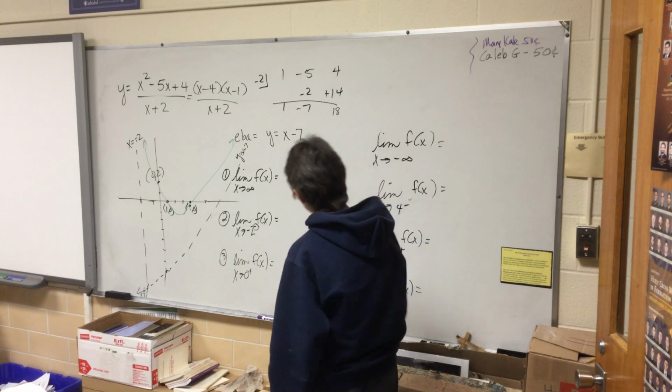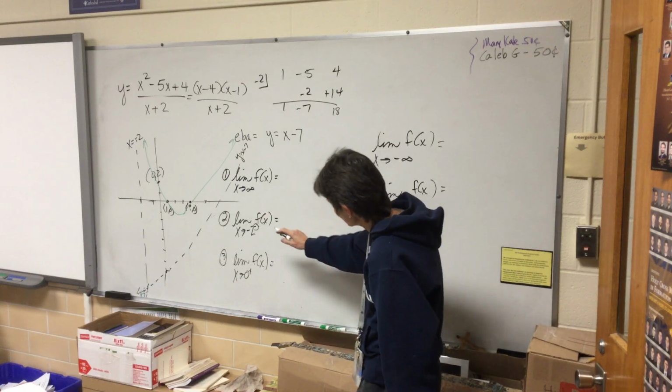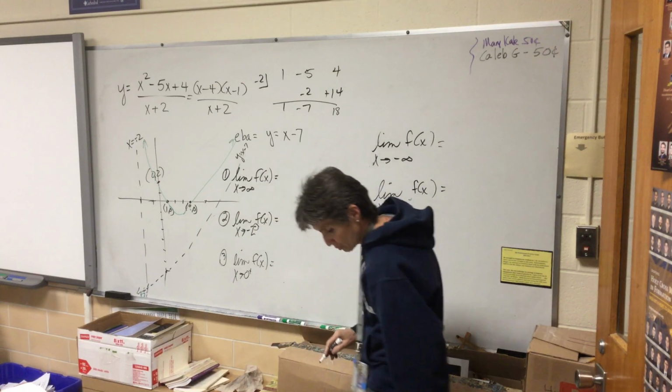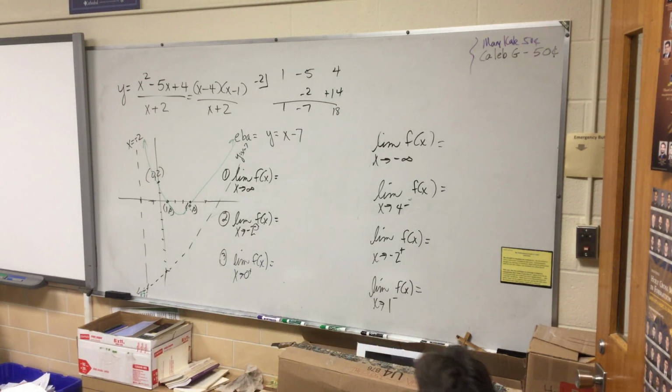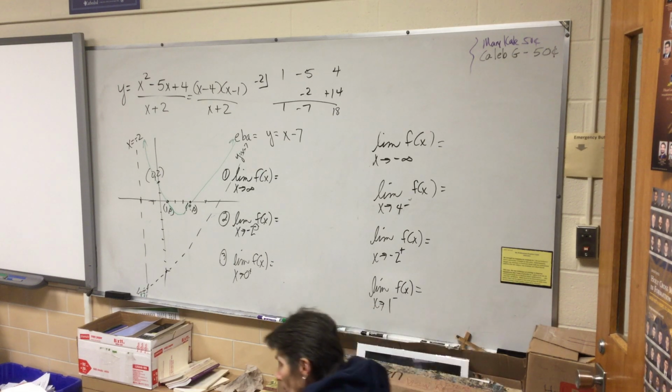All right, let's see if we can answer those. So I changed some of the X approaches stuff. So give it a whirl. Let's see how you do on these. Make sure you note my changes.